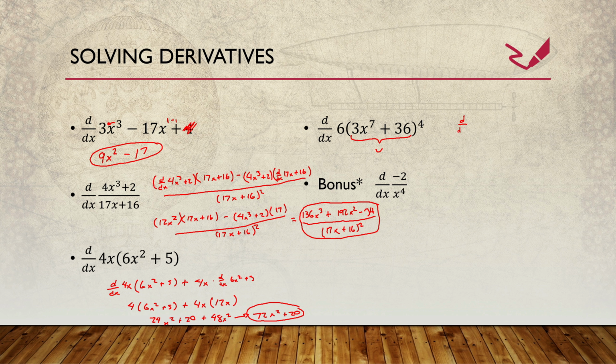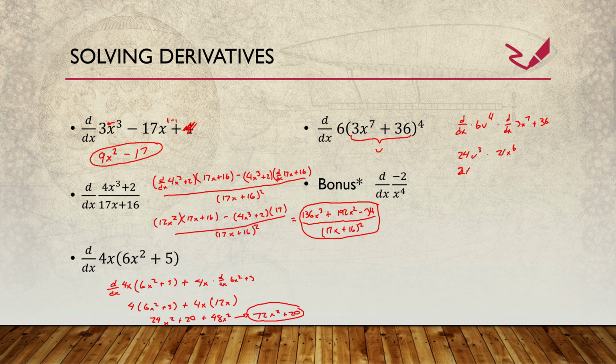So d of dx, or the derivative of 6u to the power 4, multiplied by the derivative of the inside function, which is 3x to the power 7 plus 36, right? So then we reduce this to 24u to the power of 3 multiplied by the derivative here, which is 21x to the power 6.